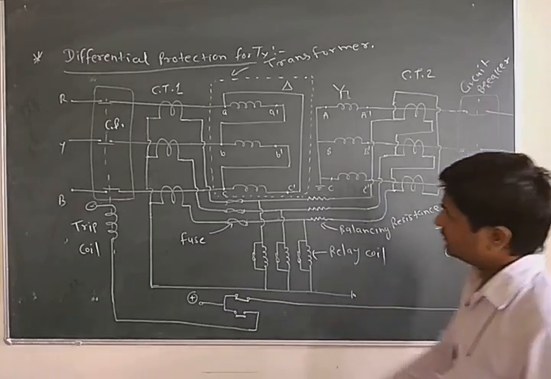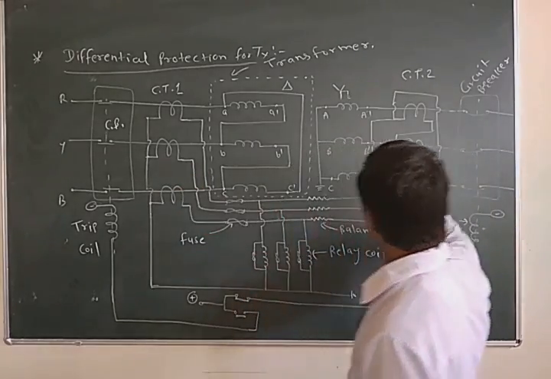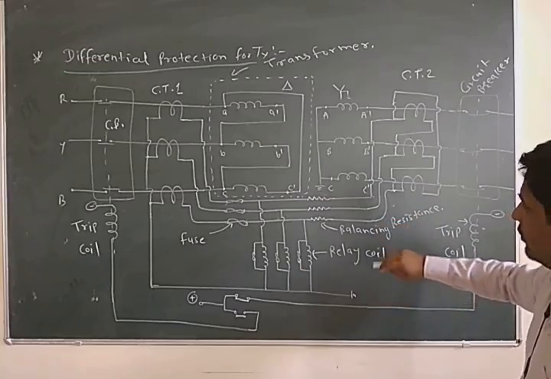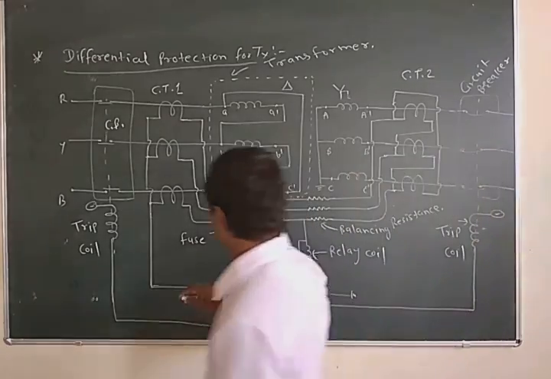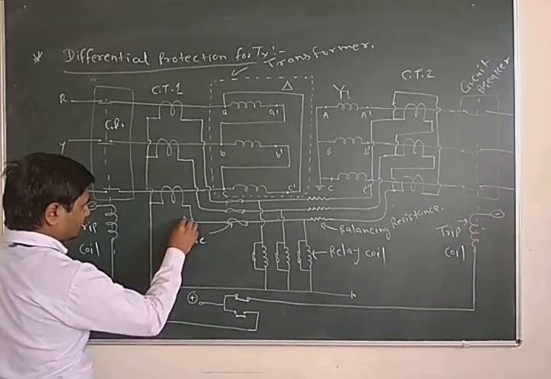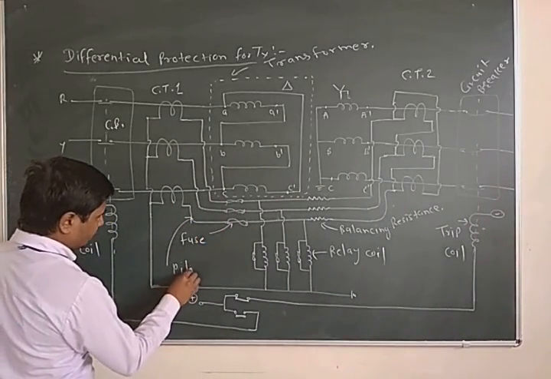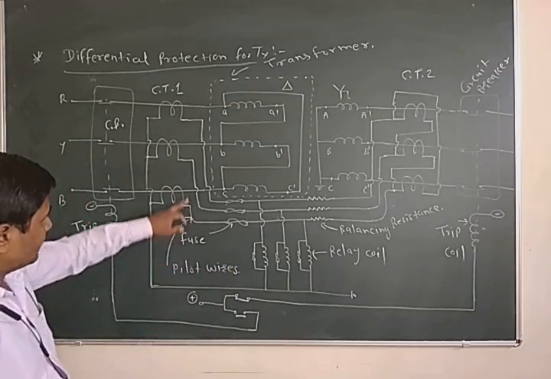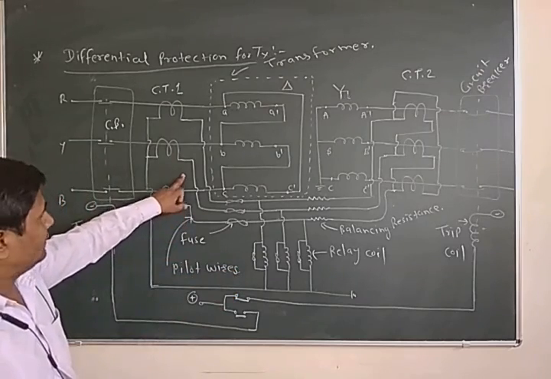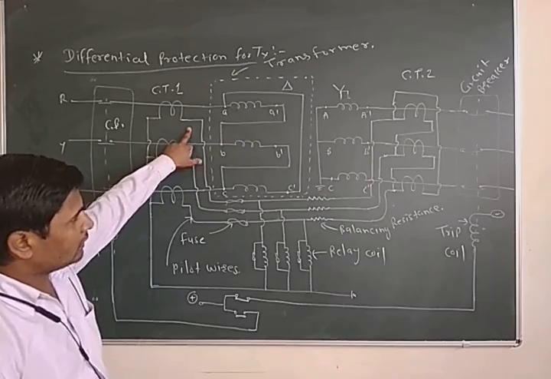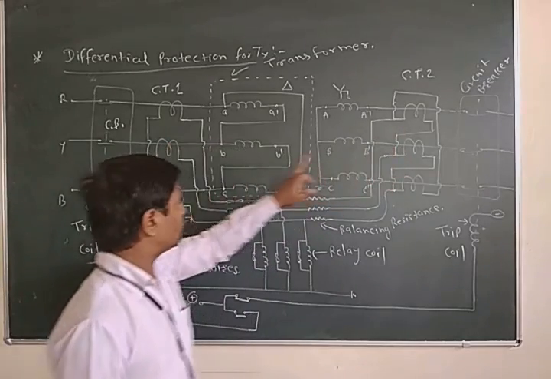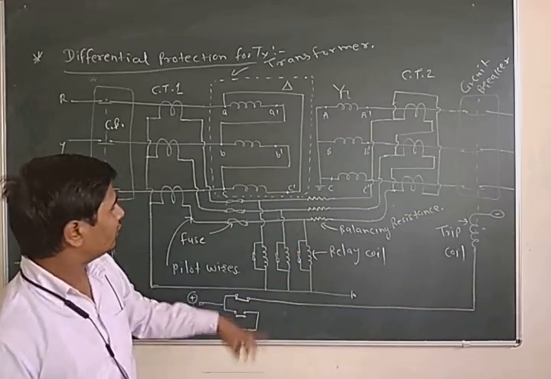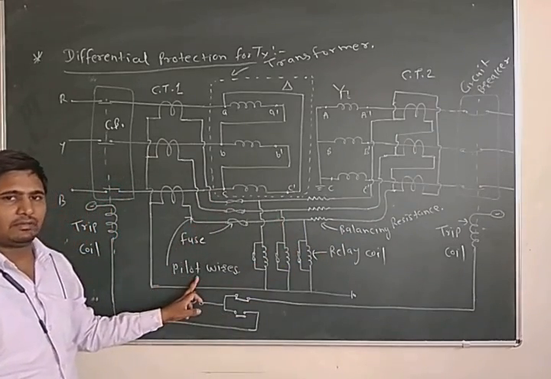Now the output of the CT on the primary side and the output of the CT on the secondary side are connected with the help of pilot wires. Pilot wires are those wires which are required to connect CT1 to CT2. Means the output of CT1 and the output of CT2 are connected with the help of pilot wires.